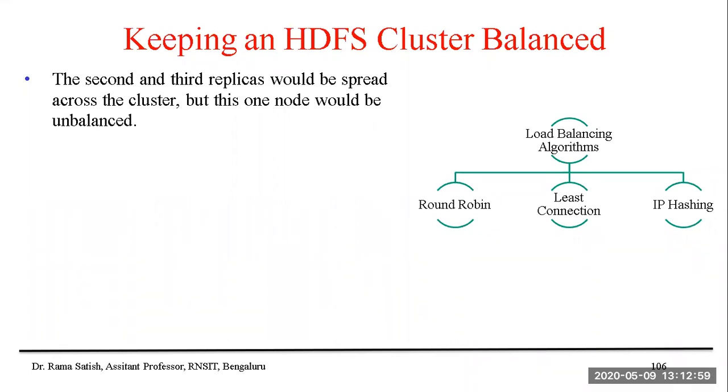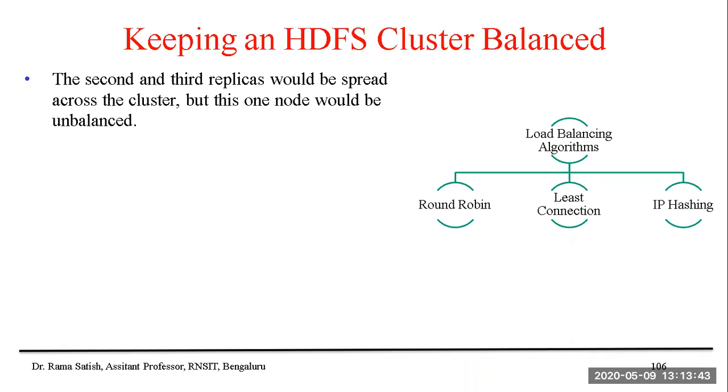IP hashing is nothing but, for a set of clients, based on the IP address, you will apply some hashing algorithm. This hashing algorithm will automatically choose the data nodes randomly. Based on the hashing function, what you write inside this hashing algorithm will decide where exactly this particular IP will be mapped onto this particular cluster.